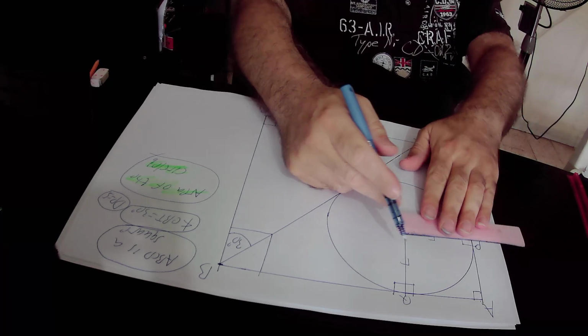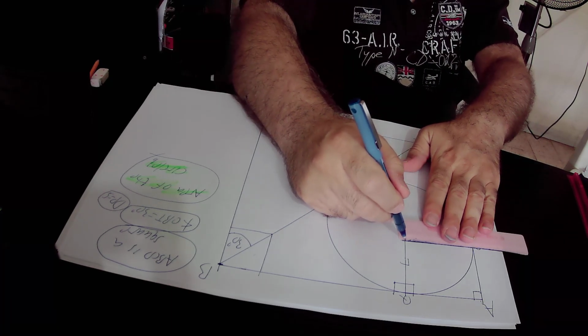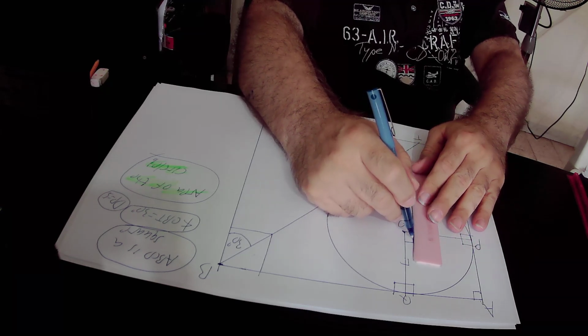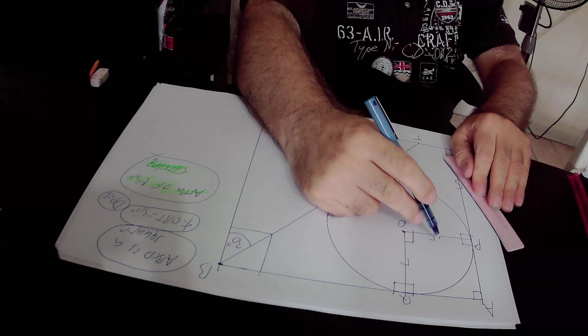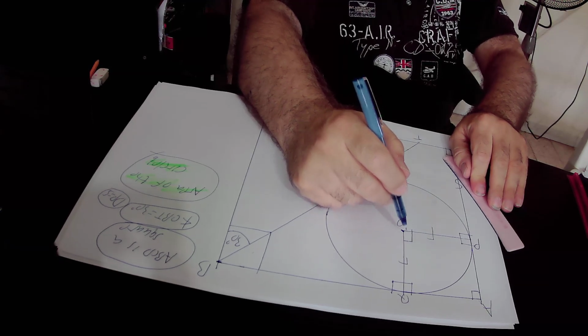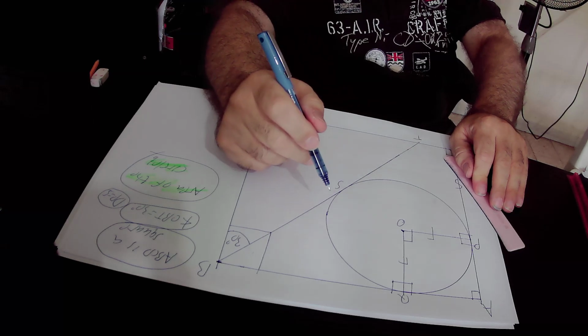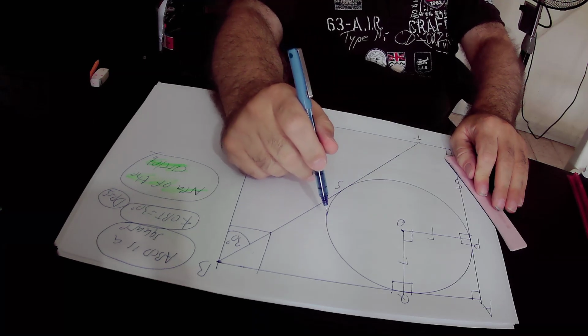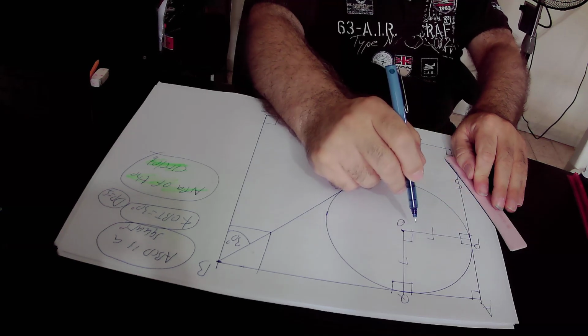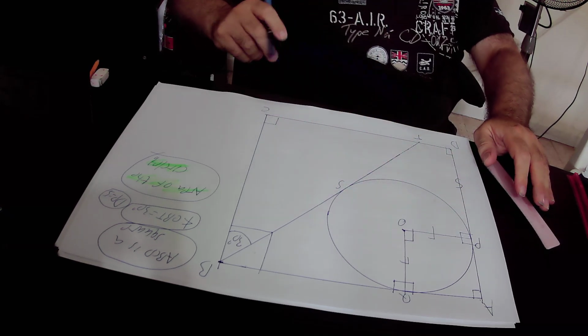Therefore, the missing angle must also be equal to 90 degrees. Why? Because 270 degrees plus 90 degrees is 360 degrees. So we found out that inside quadrilateral AQPO we have 4 right angles.